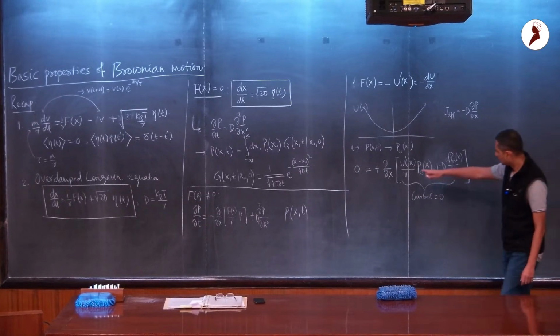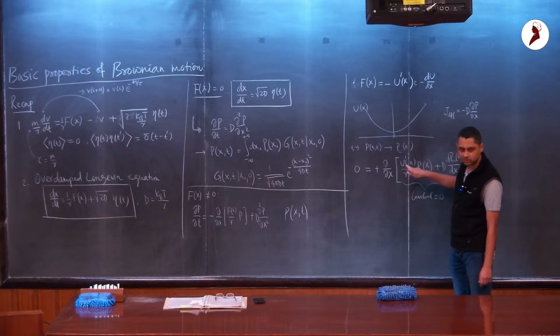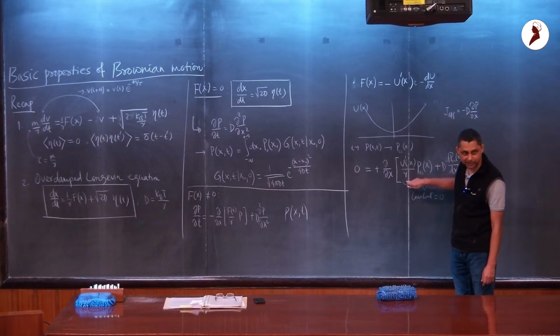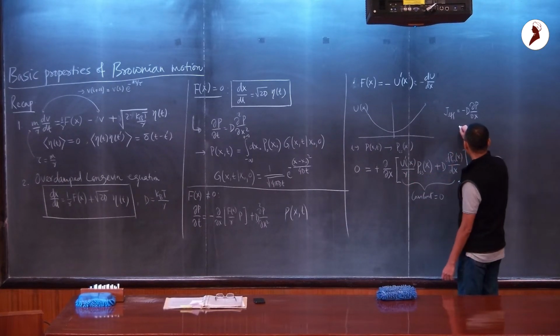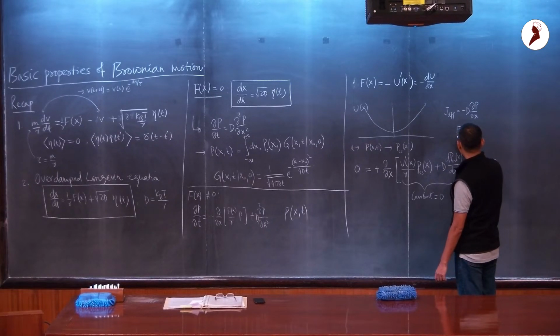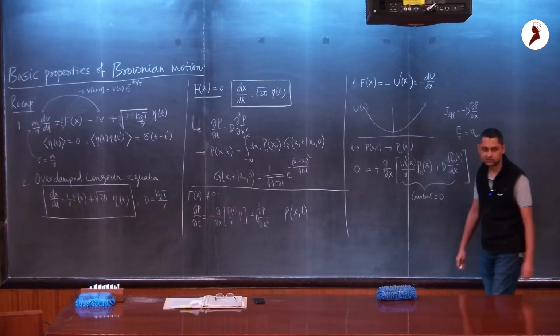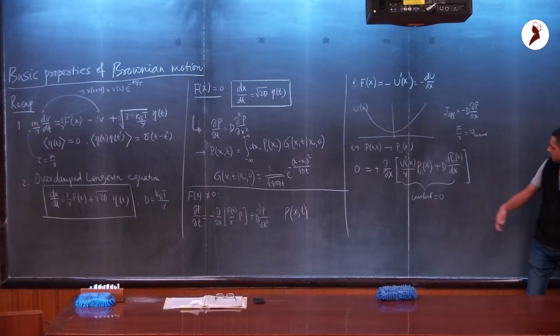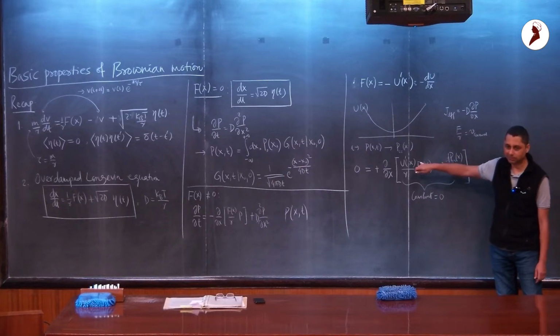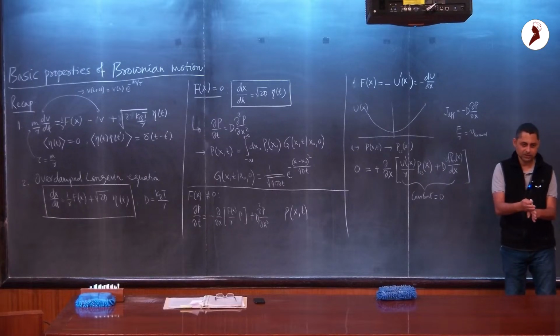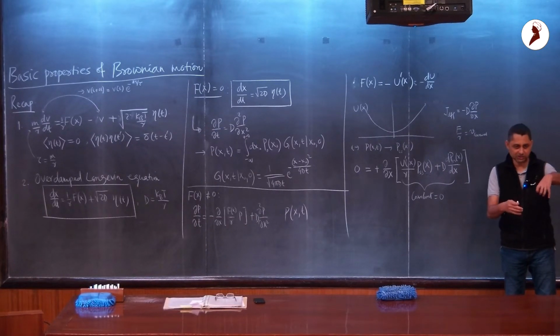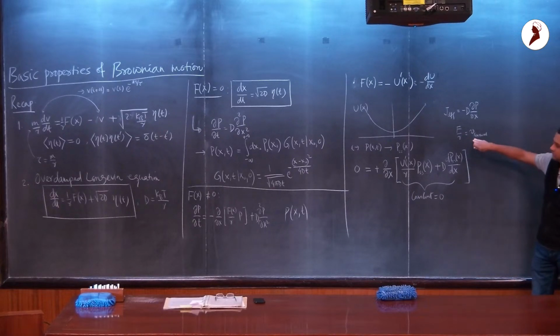Because minus of this is force, minus of this guy is the force by gamma. So force by gamma is the terminal velocity, right? It's the terminal velocity times the probability. So when I multiply the terminal velocity times the probability, it is like multiplying the terminal velocity by the density, right?